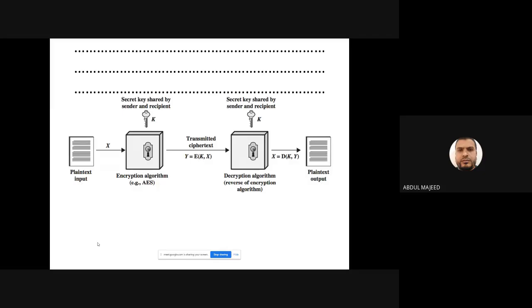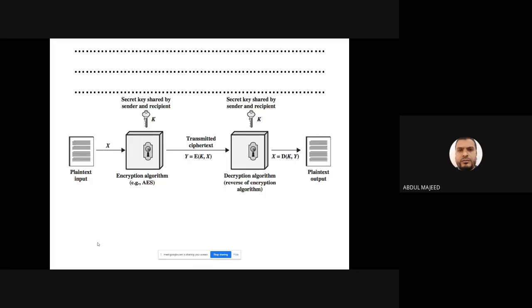The new thing here is that two equations are there, which are the mathematical representation of the encryption and decryption process. First, on the left hand side we are encrypting the plain text.